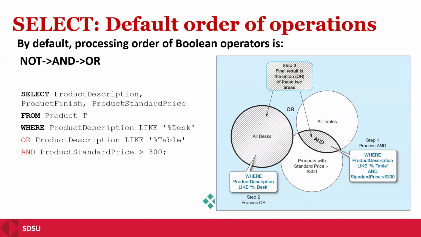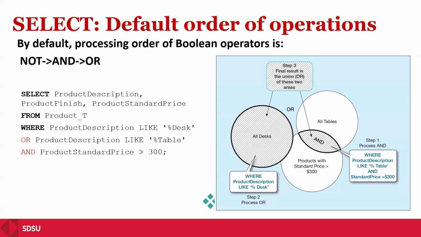So first, we're going to take all the product descriptions like table, and we are going to add standard price of 300, right? Once we do that, we're going to add all desks to the data set that contains tables and products with price greater than 300.